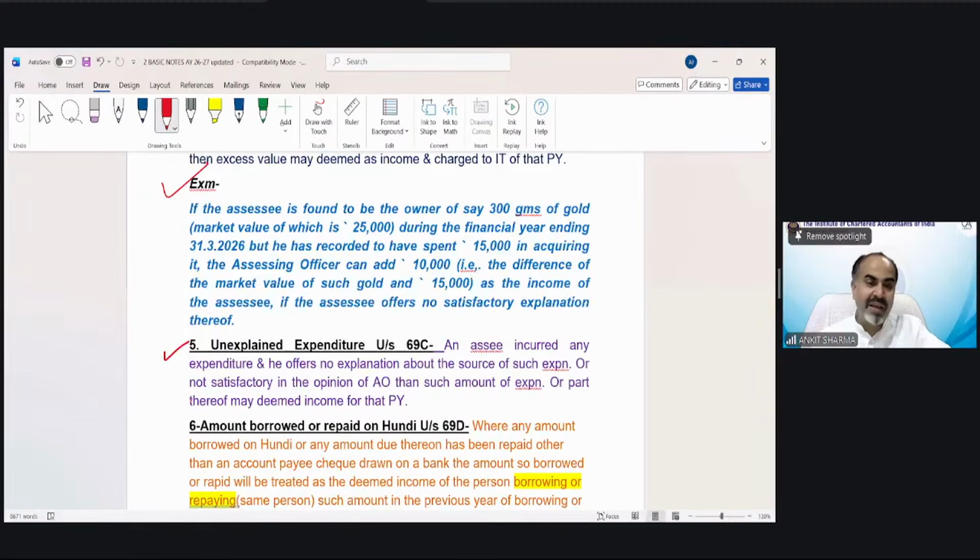Suppose somebody's income, as shown in the books of accounts, is 10 lakh rupees per annum. Somebody is doing business and has shown to the income tax department this much income he has earned in the last 5 years. So technically 63 lakh rupees income he has earned.